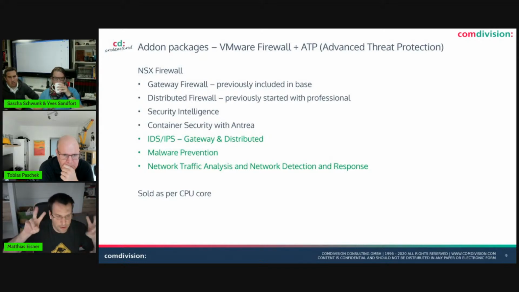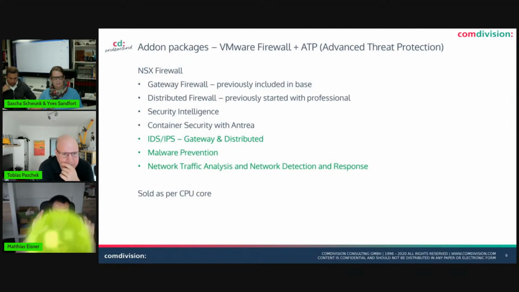It wasn't licensed per tenant, but in the past, only the vRAM of the virtual machines running behind the configured edge gateway was considered to need to be licensed for IDS IPS. And that's a huge change, because in the past, if you had configured it correctly, you were able to enable or license it on a per tenant basis.